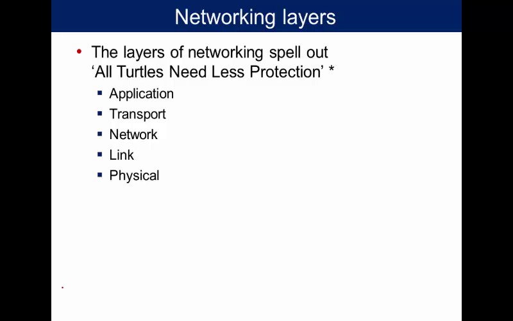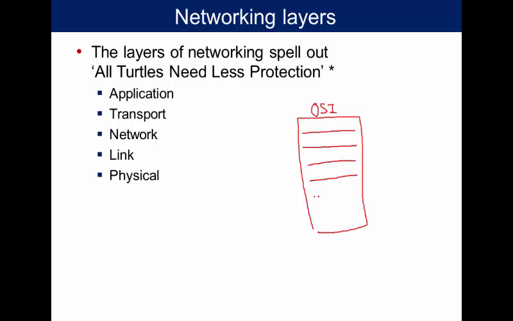Networking layers. The layers of networking in TCP, well, actually OSI has 7 layers, right? OSI has 7 layers, an international standard. So 1, 2, 3, 4, 5, 6, 7, 7 layers.